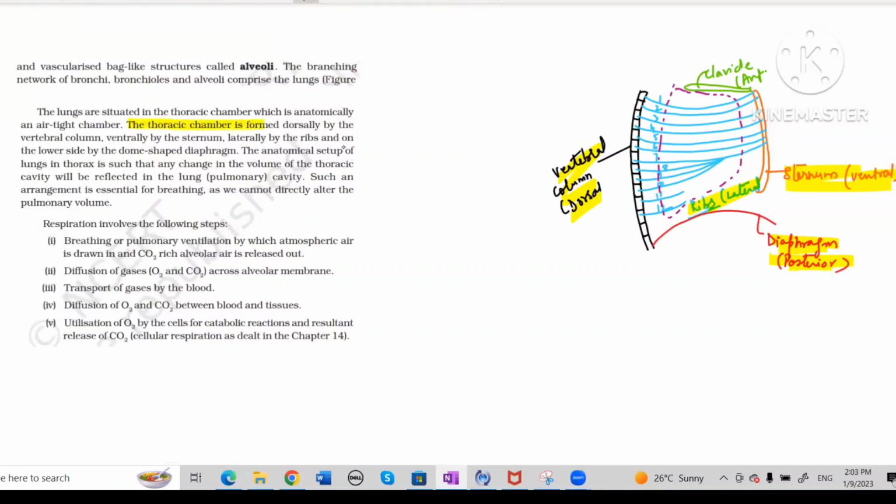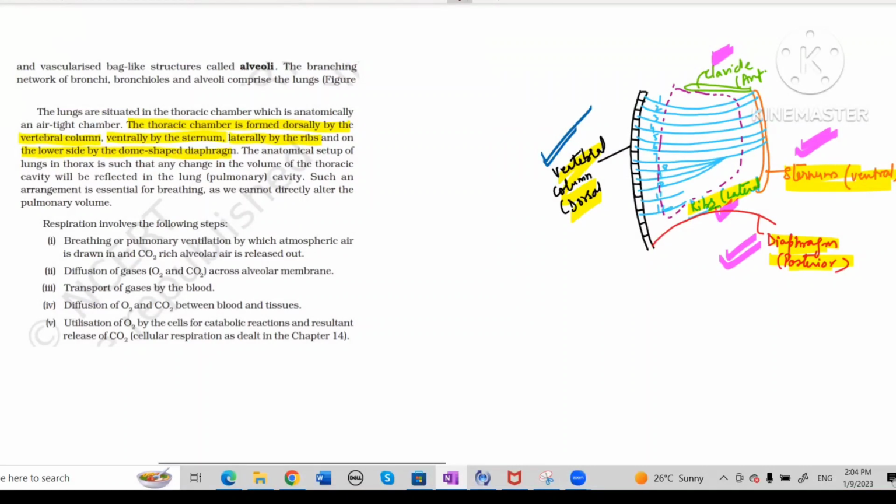The thoracic chamber is made dorsally by the vertebral column, ventrally by the sternum, laterally by the ribs, and on the lower side by the dome-shaped diaphragm. On the anterior side the clavicle is there, which is not mentioned in the NCERT, but you should know it.